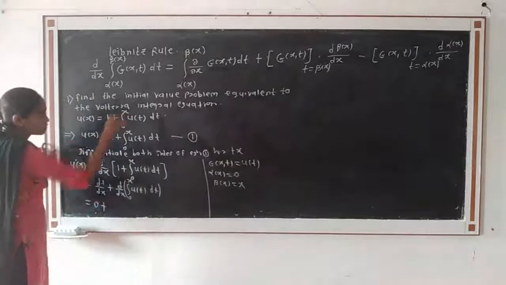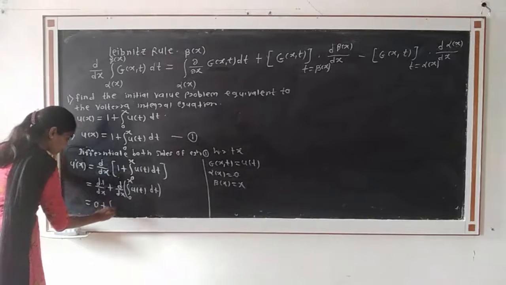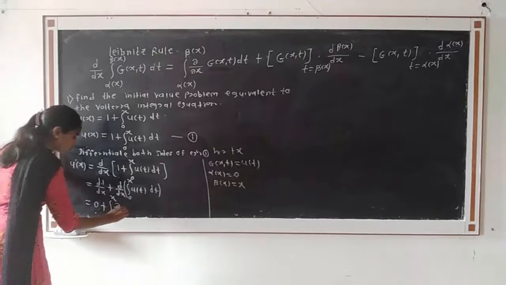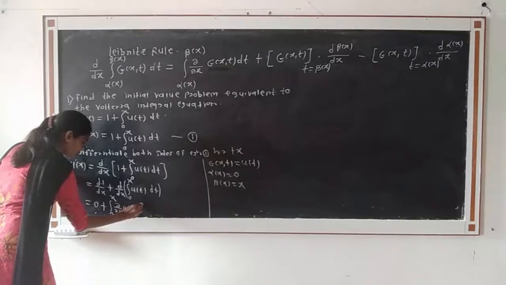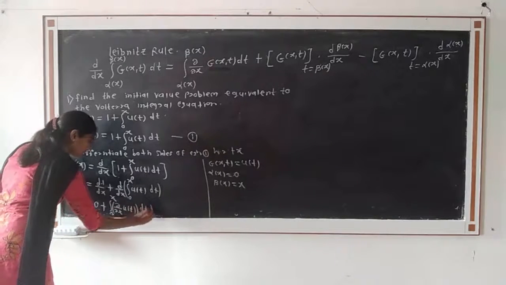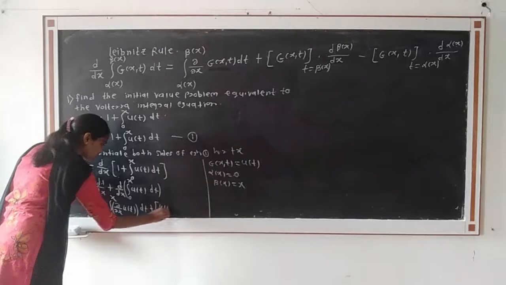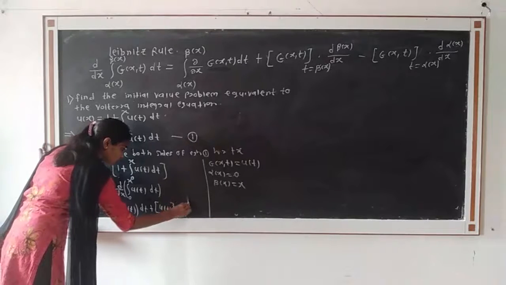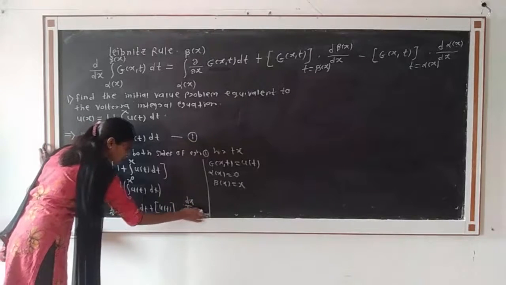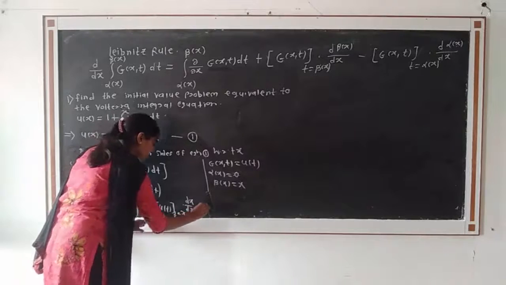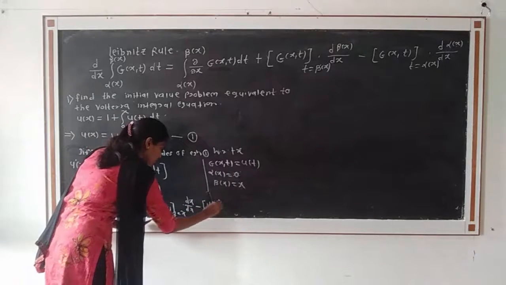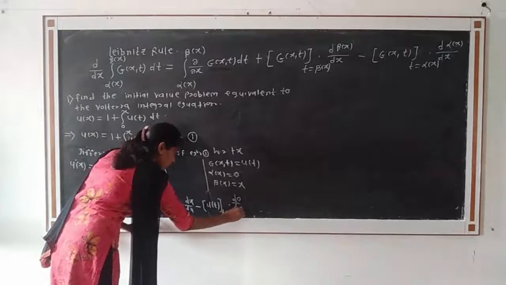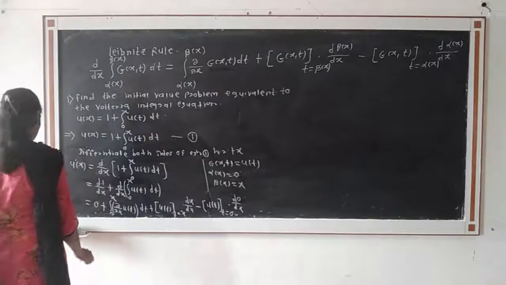Then we differentiate by using Leibniz rule, that is integration from 0 to x of partial derivative with respect to x of the function g of x,t, that is u of t, into dt, then plus u of t at t is equal to x, into derivative of x with respect to x, then minus u of t at t is equal to 0, into derivative of 0 with respect to x.